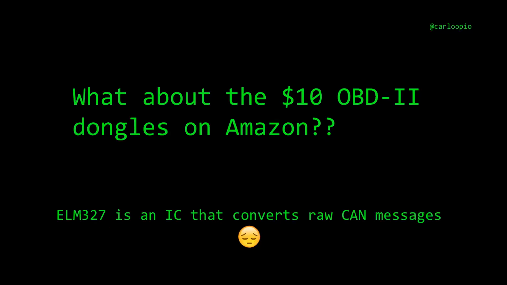Inside this ELM327 there's a data dictionary, so whenever it sees a CAN message, it sends out an actual signal. So you're not getting the raw CAN messages, and you're just looking at the OBD2 mandated messages rather than being able to see the entire range of CAN messages that are available. That's why the OBD2 dongles on Amazon are not a good tool. You can only read, you can't really send CAN messages back into the vehicle.